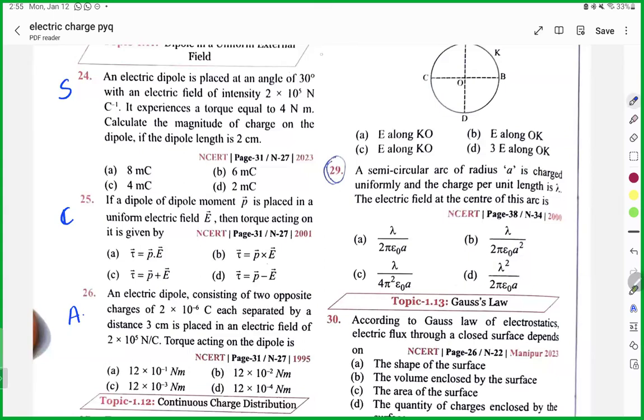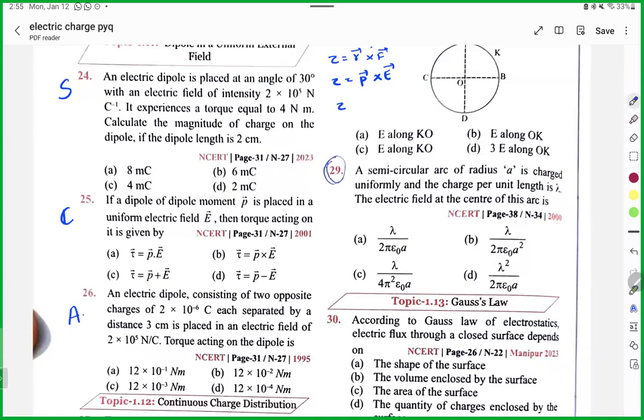Let me tell you, torque is equal to r cross F, or sorry, p cross E. Torque is equal to r cross F. This torque is also equal to p cross E. Both are correct.